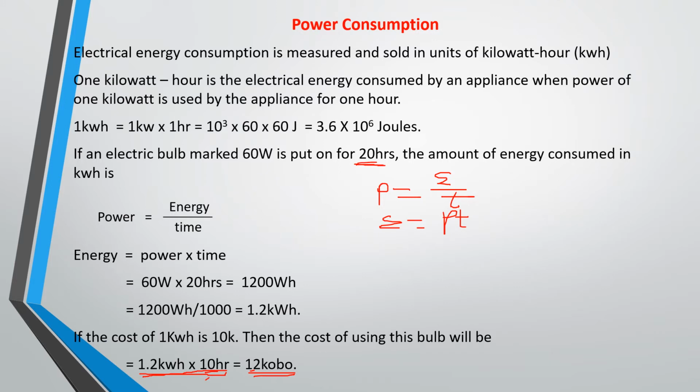So I think I can make that correction so that the energy consumed in 20 hours at the rate of 1 kilowatt for 10 kobo will be 1.2 times 20.